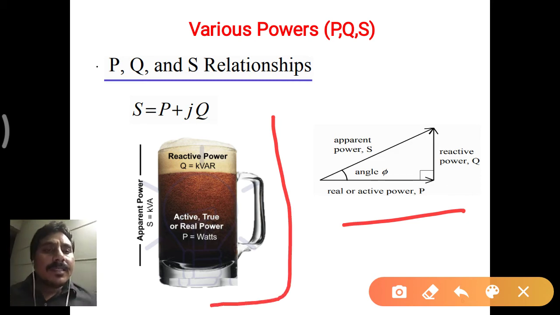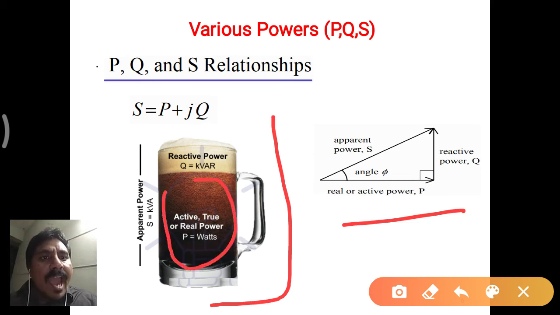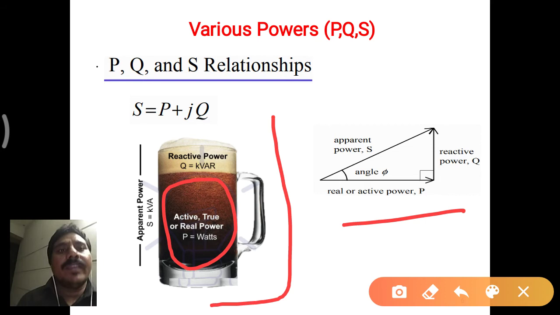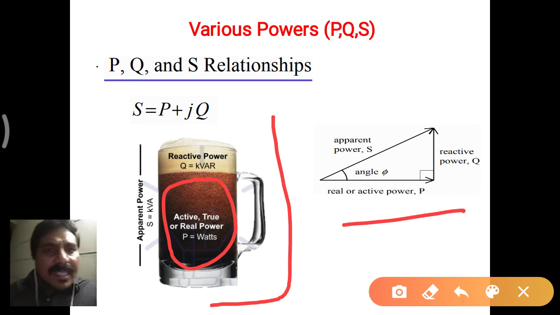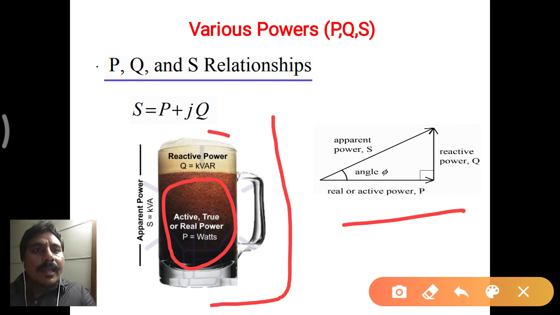Now, if you take a soft drink, let us consider Sprite or Thums Up, Coca-Cola products. This black colored part is nothing but the active content, the active liquid. And this white colored content is nothing but the reactive part.